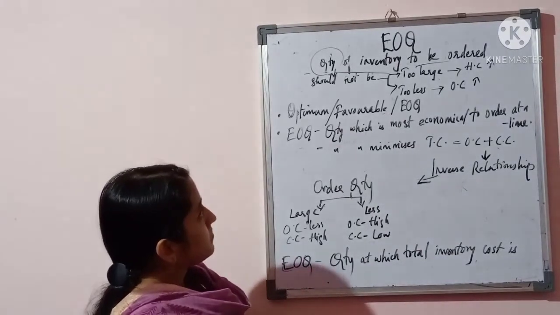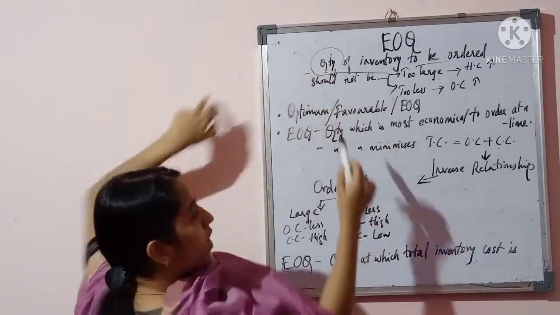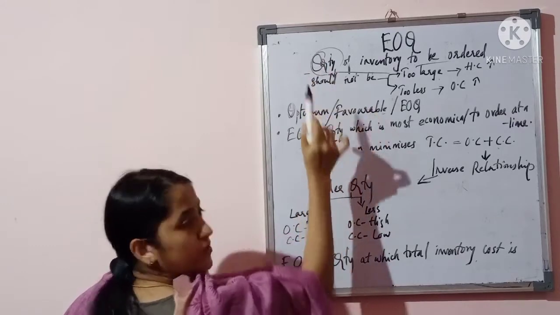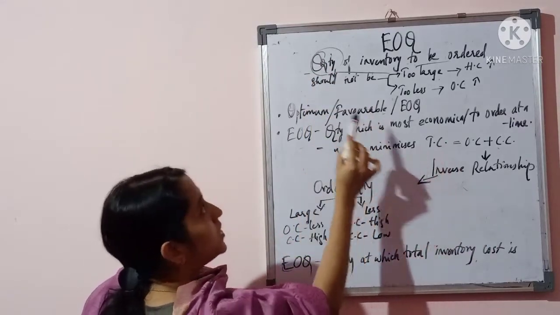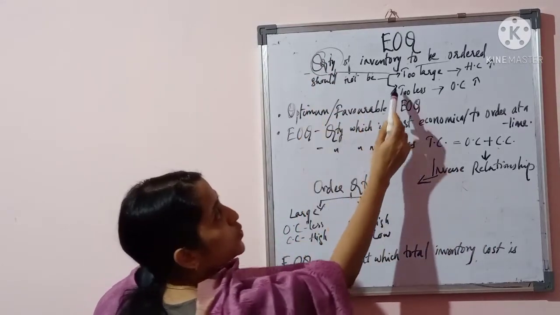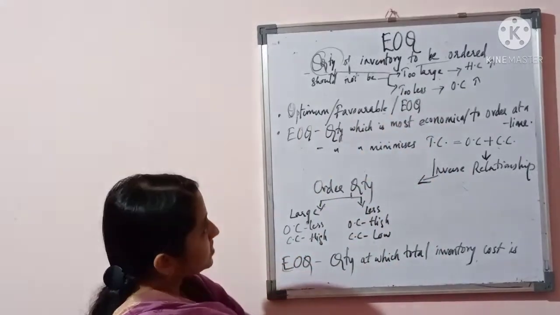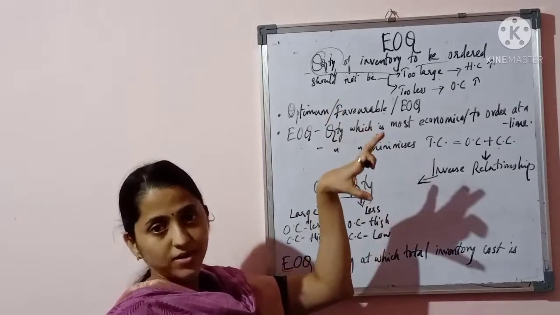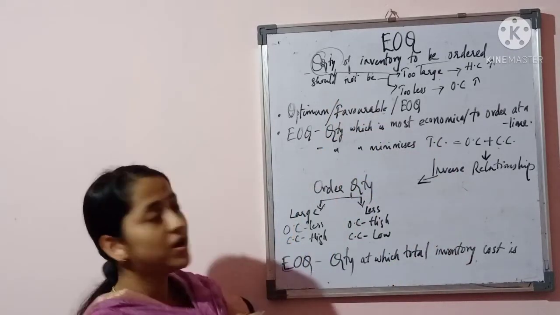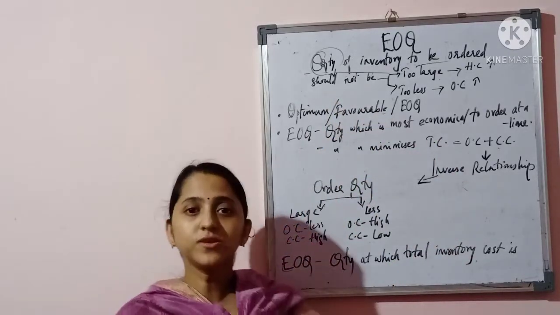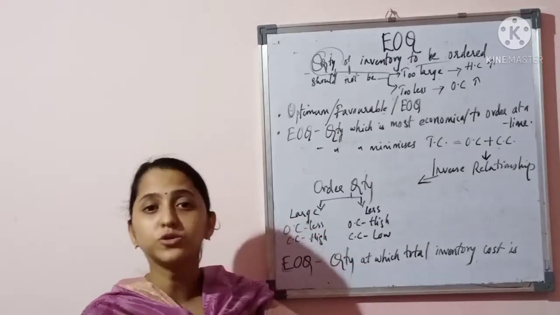Okay. Then, this quantity we are going to order, or the EOQ, should not be too high or too less. So, what's the problem if it is too high or too less?